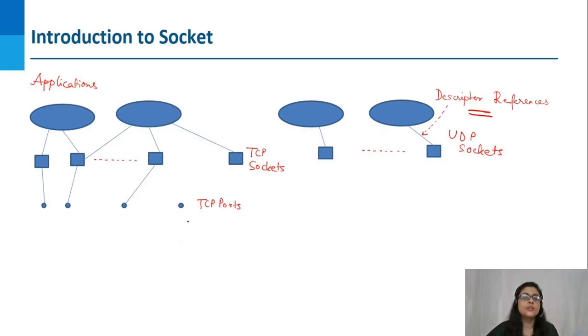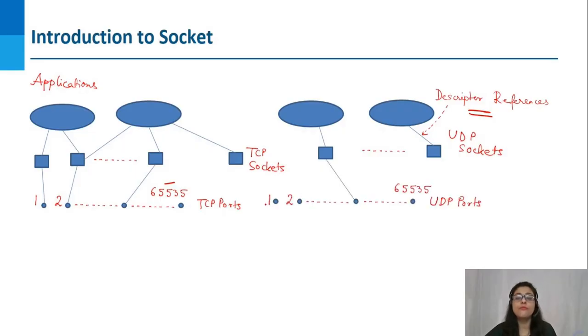Then these sockets move to the TCP ports. There may be ports from 1 up to 65535 TCP ports. At the same time, we can have the UDP ports here, starting from 1 up to 65535.